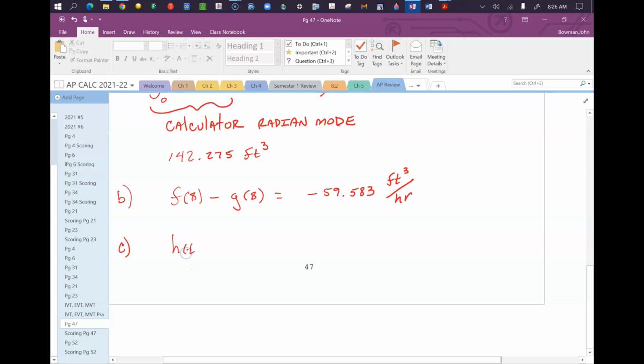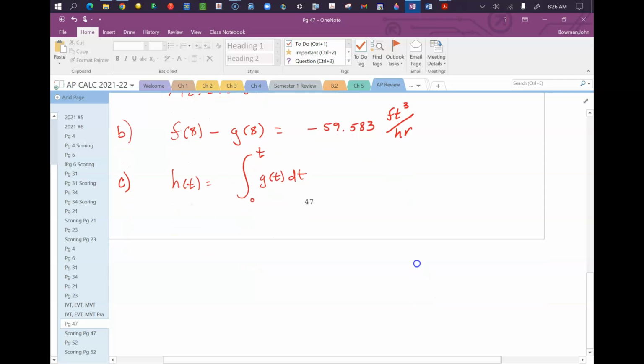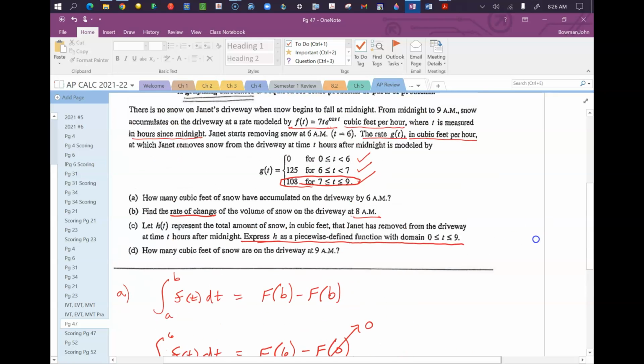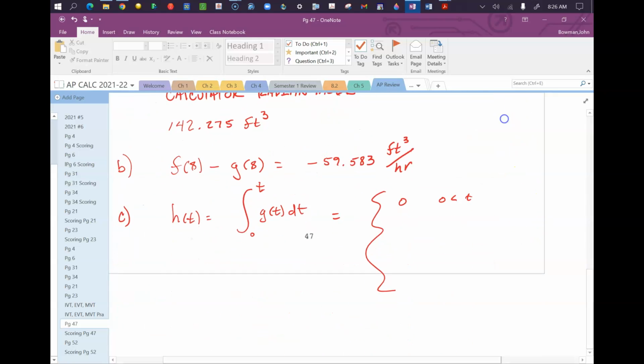So h of t is equal to the integral from 0 to t of g of t dt. And as a result, we've got three parts to that. She removed 0 snow from 0 to 6 a.m. And let's go up and make sure that we record that correctly.